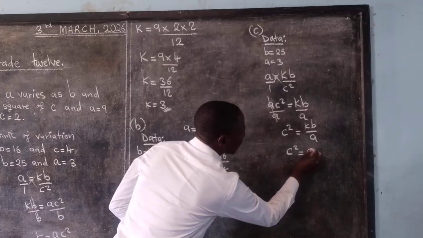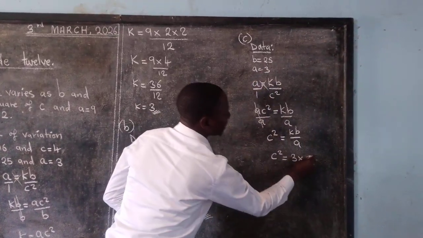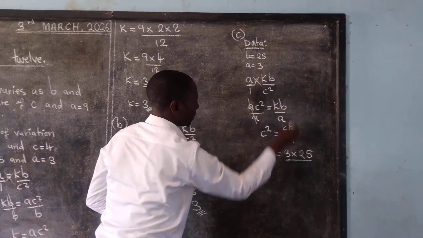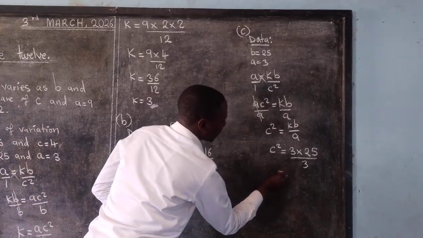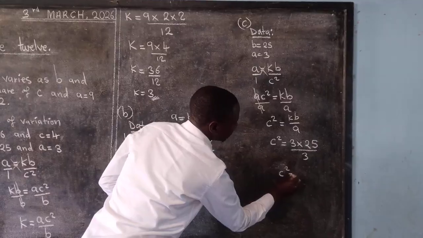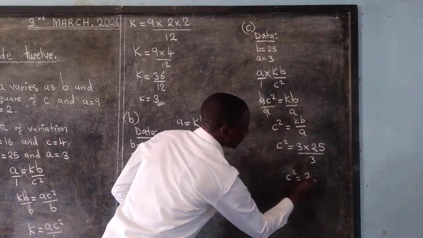We write 3 times, what is our B? 25, over what is our A? 3. C squared is equal to 3 times 25, the answer is 75.